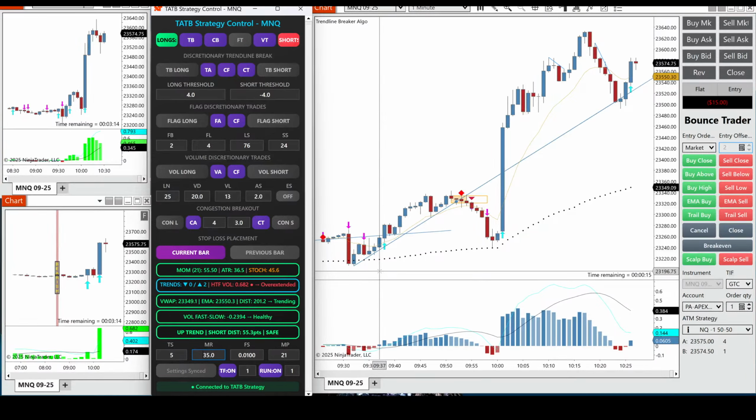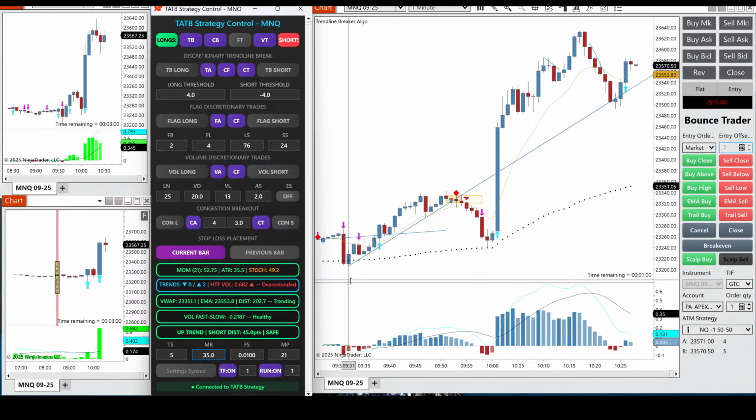Let's do it like this. So I changed maximum risk to 35 and our ATR is 35 here.